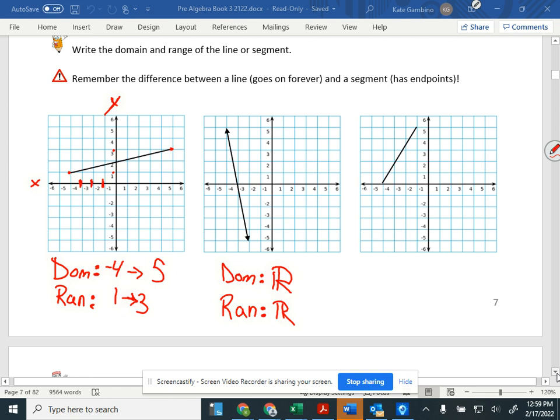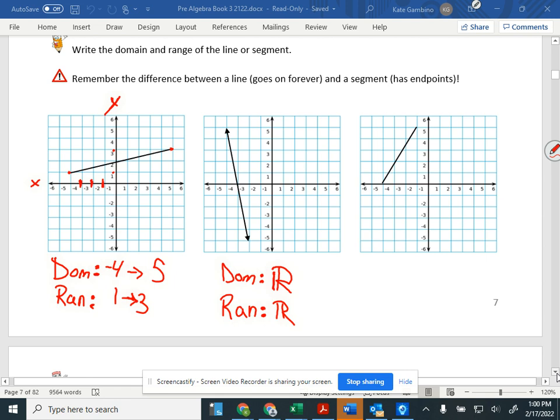If you were going to handwrite it, you would write the uppercase R with the line next to it. Just know that that means all real numbers. Yes, it would probably be good to remind ourselves on a sheet that that's what that symbol means. So remember, when it is a line, they are all real numbers for both the domain and the range.